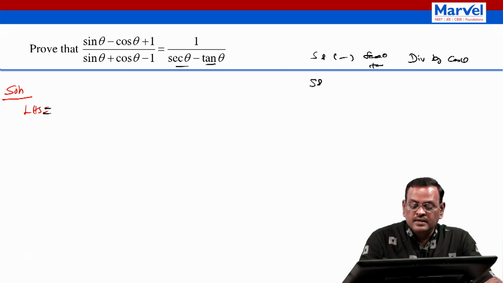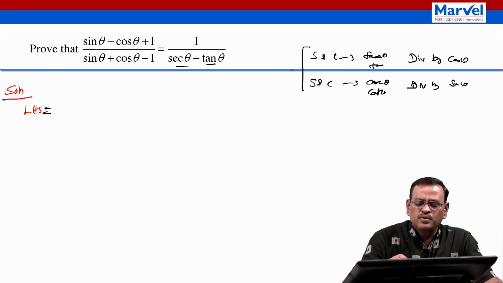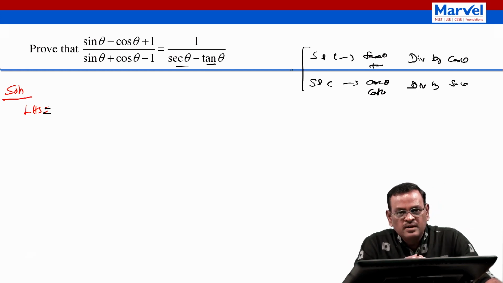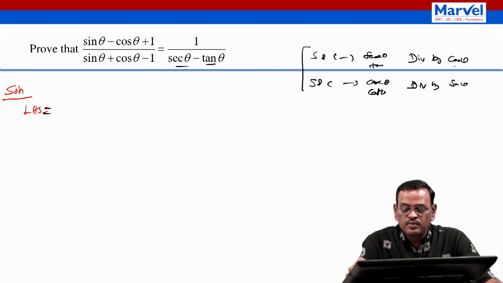If it is sin and cos to cosecant theta and cot theta, divide by sin theta. This is a working rule. These two are the tough 4-mark questions. But start this working rule only by looking at the right side expression. The right side expression contains secant and tan, and hence divide by the cos.